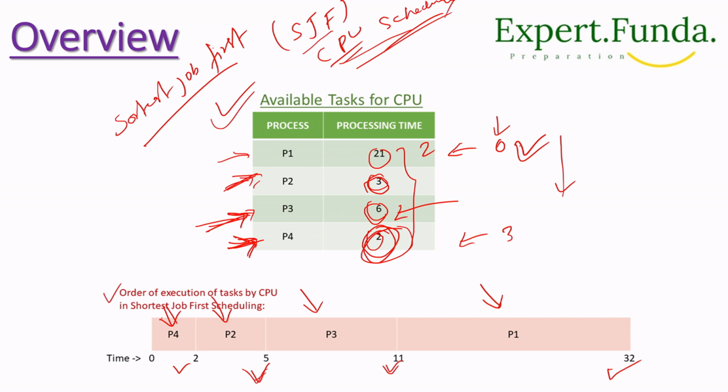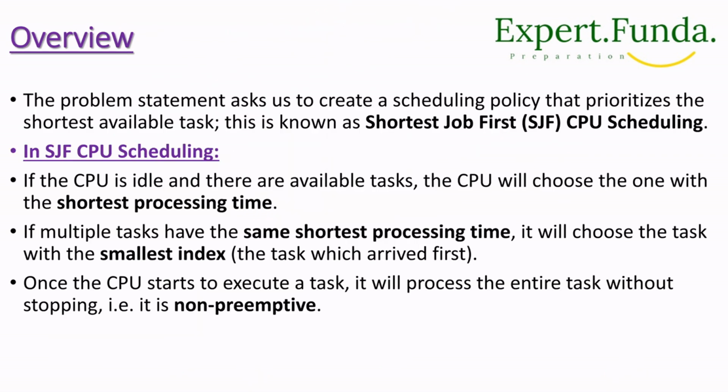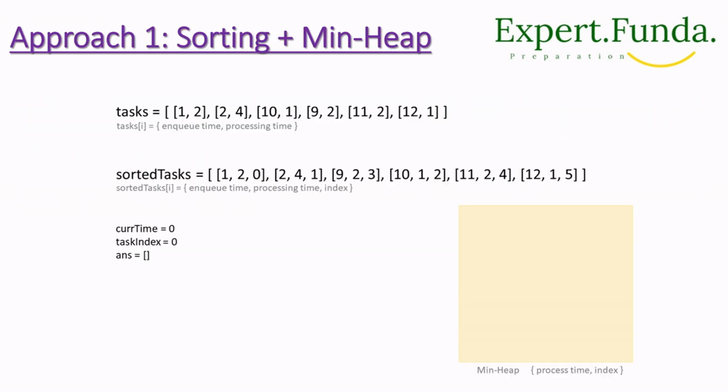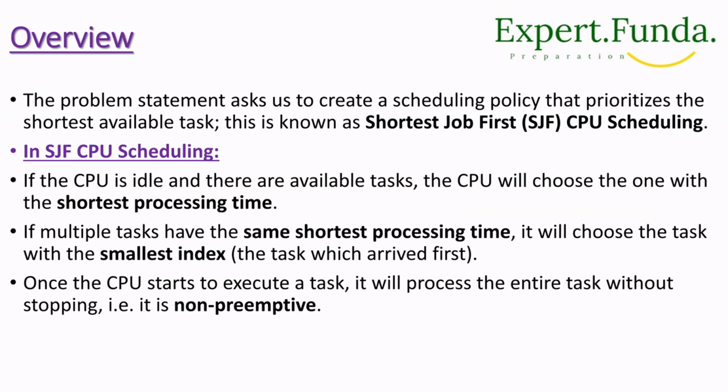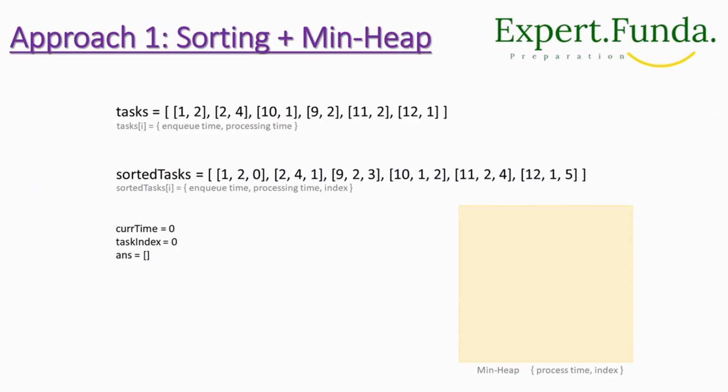So let's understand some more examples overview, right? This is what I have already noted. You can pause this and read it. Next it is saying what approaches we can go through. We have the shortest minimum heap, right? Tasks are given, sorted tasks are given.